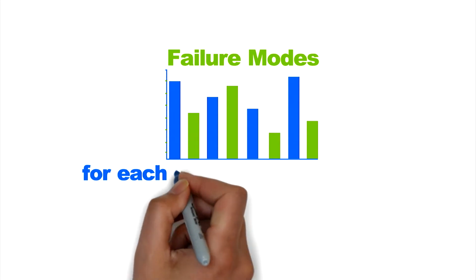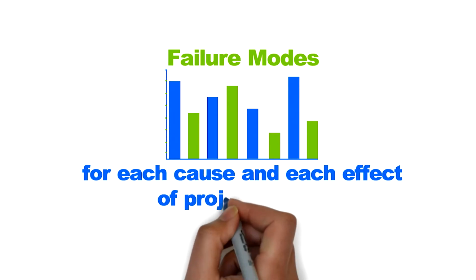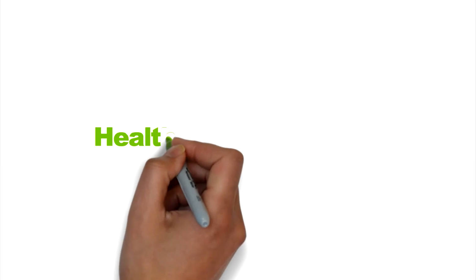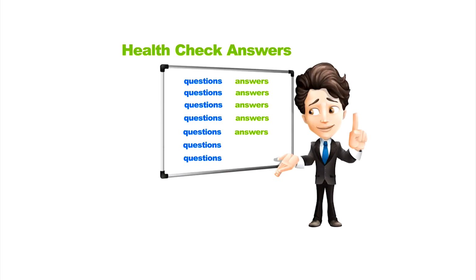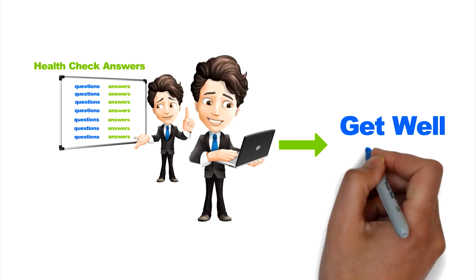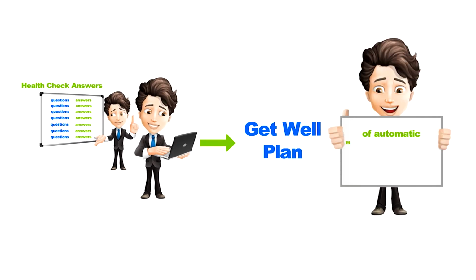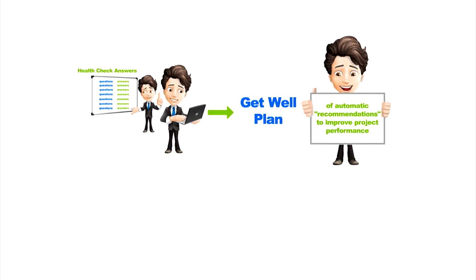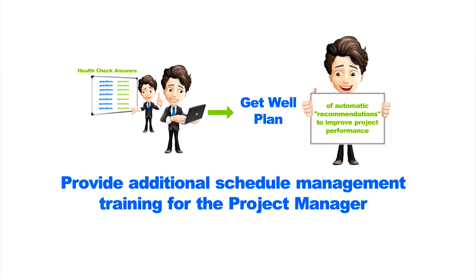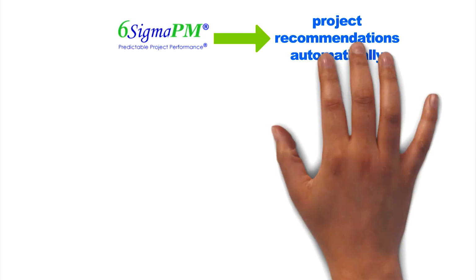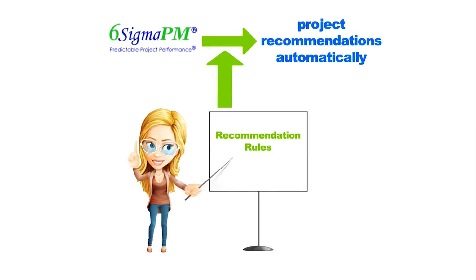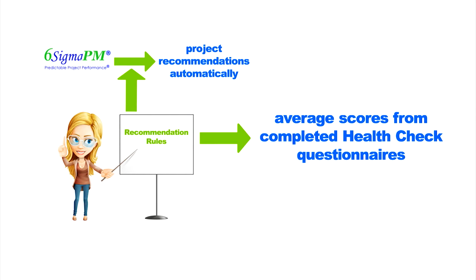The Failure Modes report is a bar chart that shows the average score for each cause and each effect of project failure. The Health Check Answers report enables Patrick to see a list of all questions and answers. Patrick can also access a Get Well plan, which is a list of automatic recommendations to improve project performance, such as provide additional schedule management training for the project manager. 6 Sigma PM generates these project recommendations automatically by applying Wendy's recommendation rules to the average scores from the completed health check questionnaires.